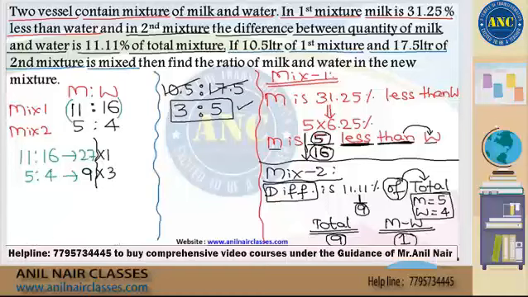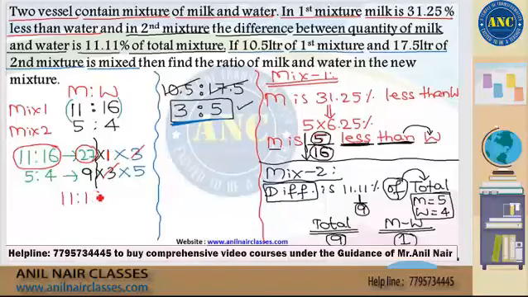But they are not asking you to make it equal. They are asking you to mix it in the ratio of 3:5. Multiply the first one by 3, the second one by 5. If I further simplify this ratio, 3 and 3 will cancel. That means this 27 you should multiply only with 1, or in other words, 11:16 you should multiply with 1. It is 11:16.